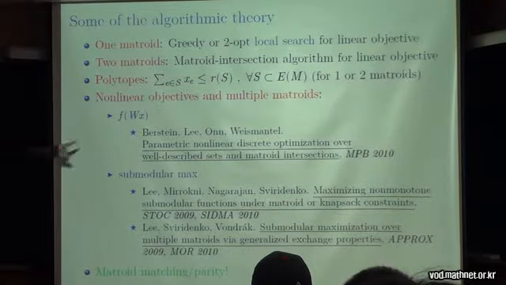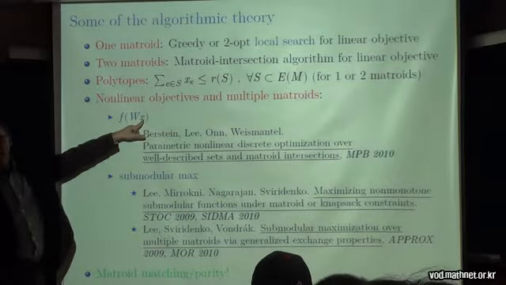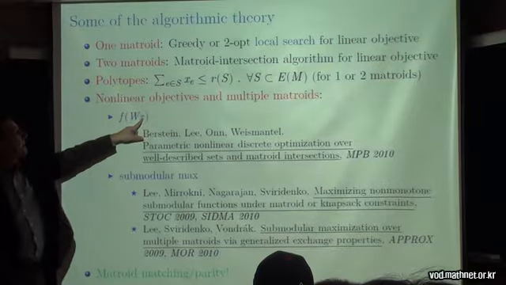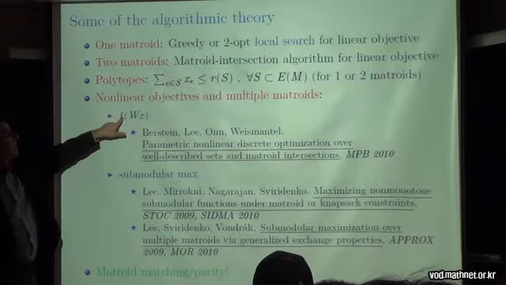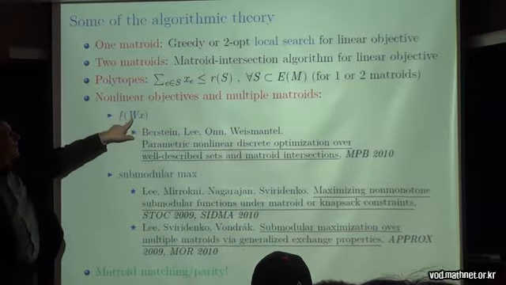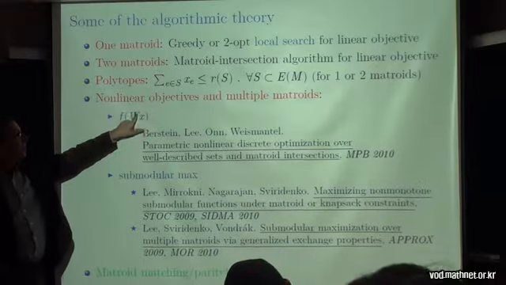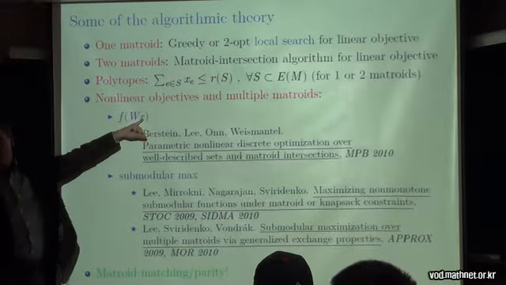I'm going to think of points x that are the 0, 1 vectors that are independent in a matroid or maybe even in 2 matroids. And instead of trying to optimize a linear function, I'm going to try to optimize an arbitrary function of a matrix W times those vectors. Now, why is there a W here? If I had the identity matrix, I would just say an arbitrary function of those 0, 1 vectors.